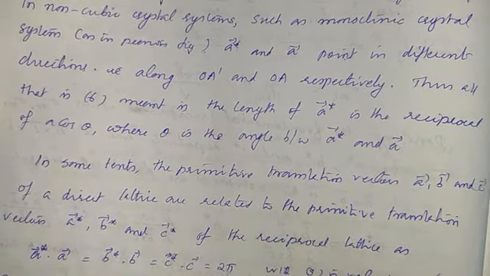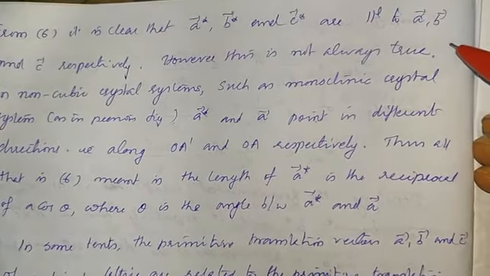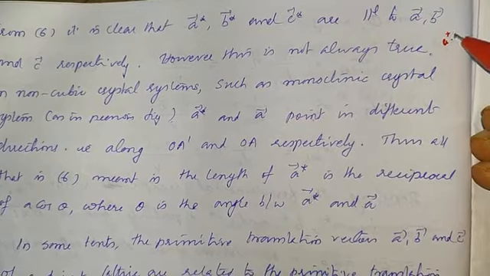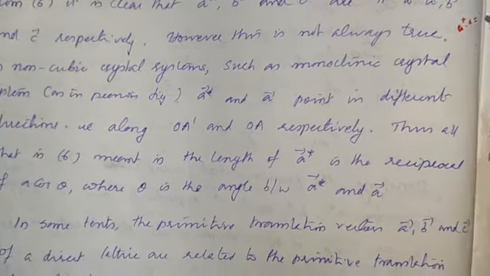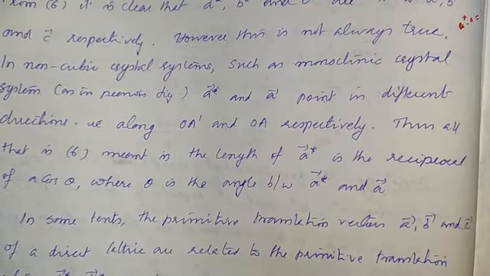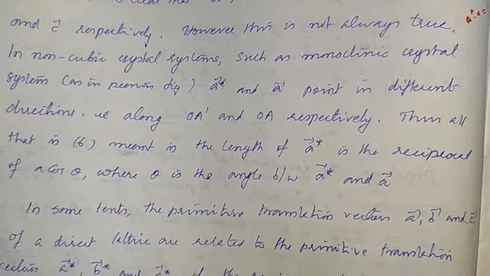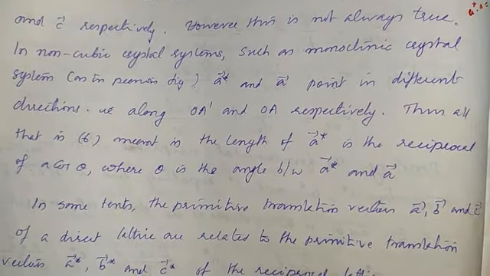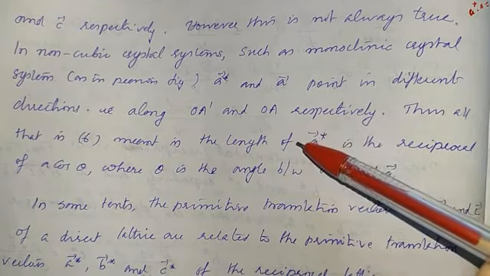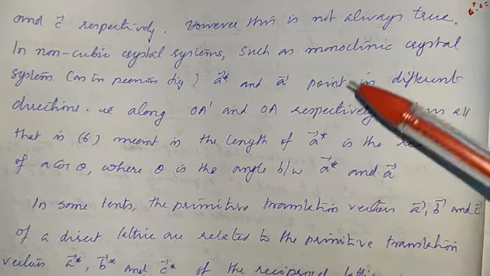So the conclusion from the relations a star dot a equal to 1, b star dot b equal to 1 and c star dot c equal to 1 might suggest that they are always parallel to each other, but it may not always be true. That's what we are describing here. In the monoclinic structure, they are not parallel but oriented in different directions.